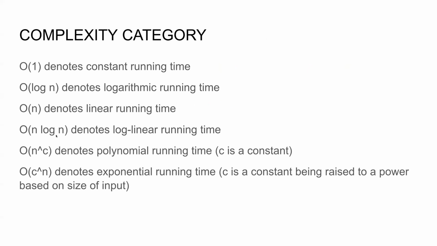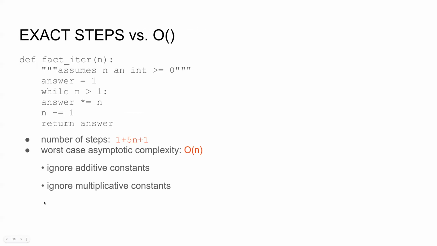And n log n is log linear, typically when you sort an array. And n to the power of c is polynomial running time, where c is a constant. And c to the n is called exponential. We are not looking for the exact steps, but just roughly the order of growth.